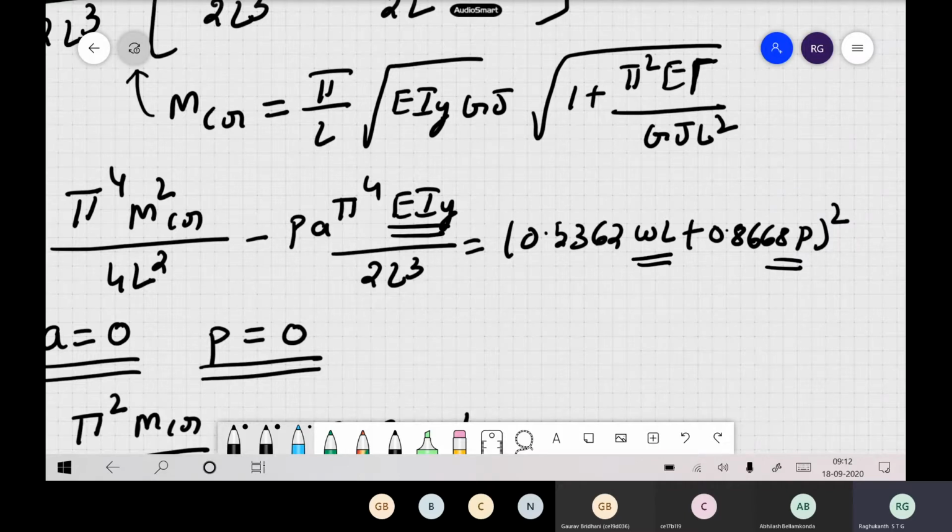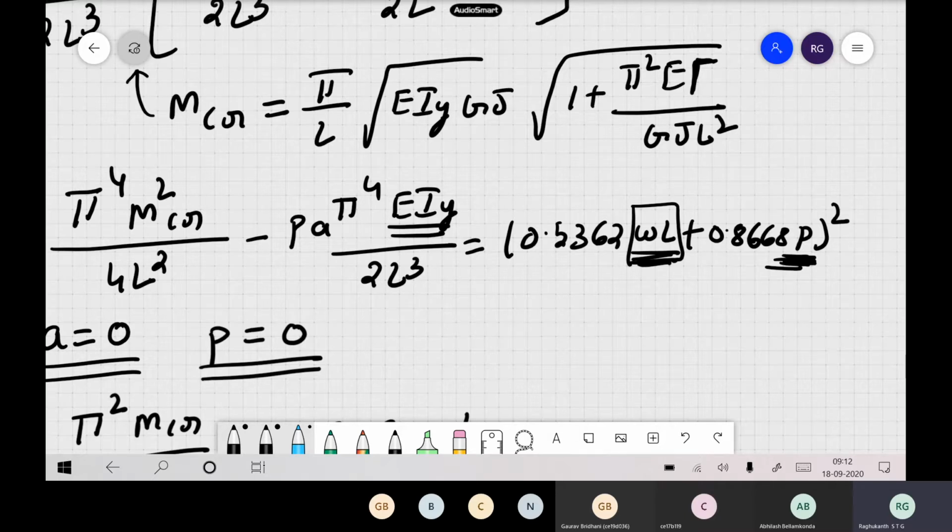But generally in practice, what happens is, this weight will be fixed. The dead load is known beforehand, because you select a section, like ISMB, ISJB, and the length is also fixed here. So this portion is already known to you, the dead load which is going to act on your beam itself. So now the most important thing is this P itself.